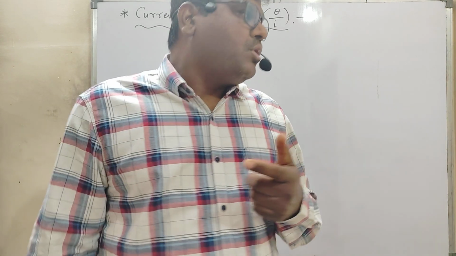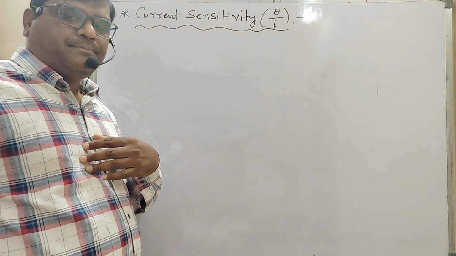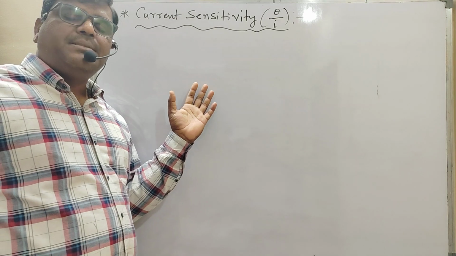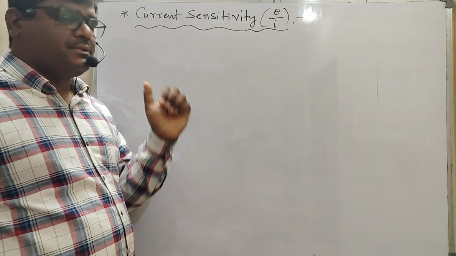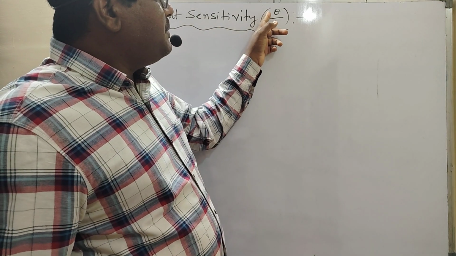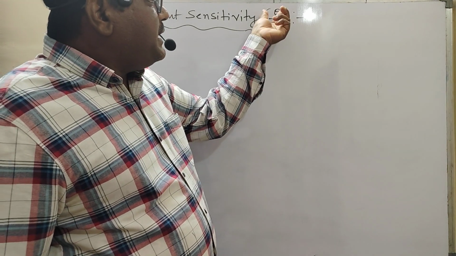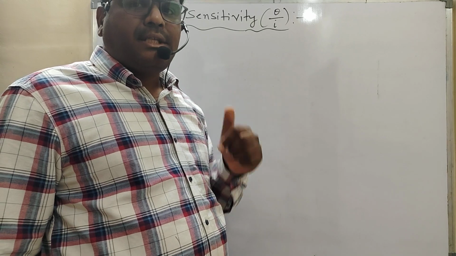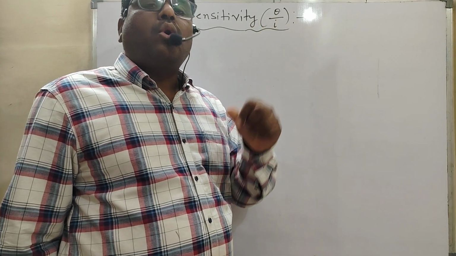In that we have one topic, that is current sensitivity. Actually, what is the current sensitivity, which factors does it depend upon, and what is the formula for it? Current sensitivity is denoted by theta by I. Theta is the deflection of the coil we are using in the galvanometer, and I is the current flowing through that coil.